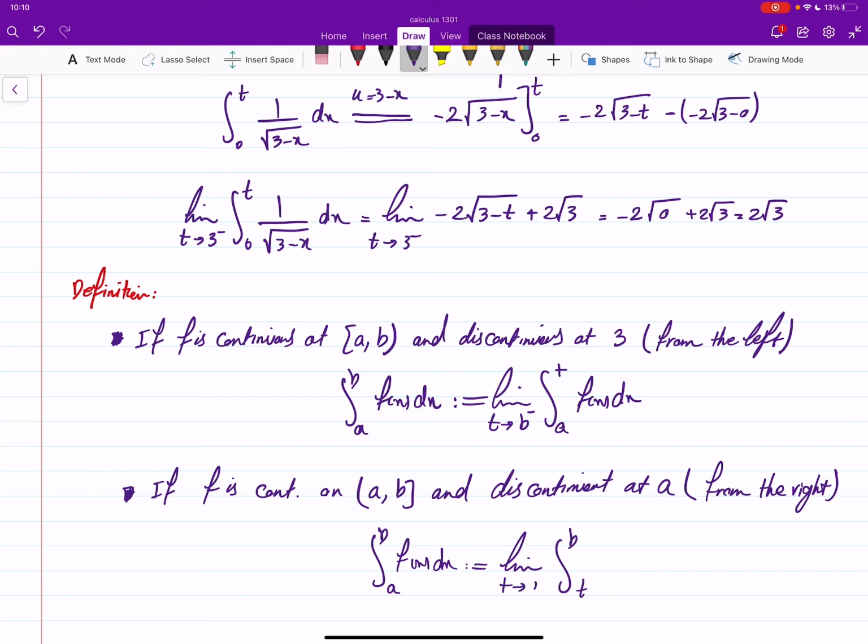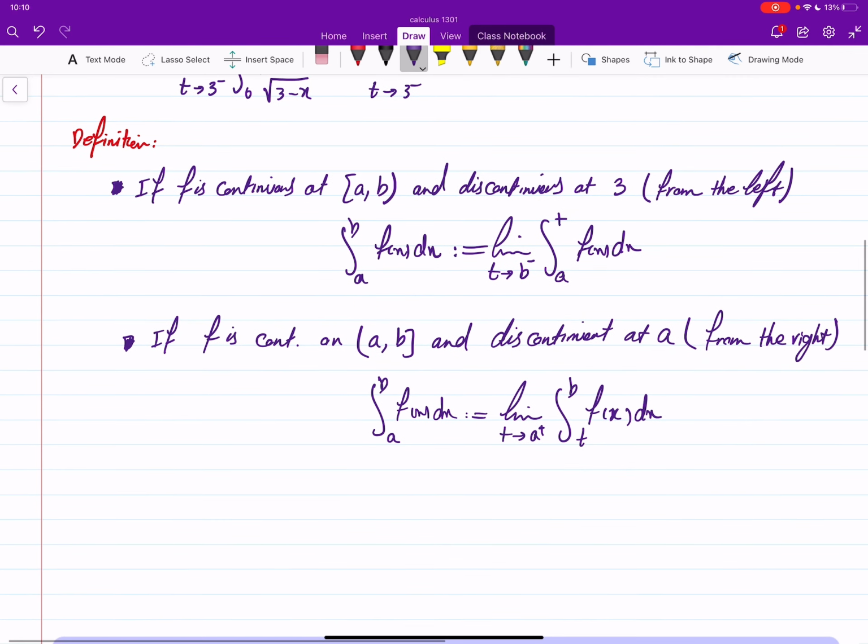As an integral and a limit. So if the limit exists, then we say the integral is convergent.